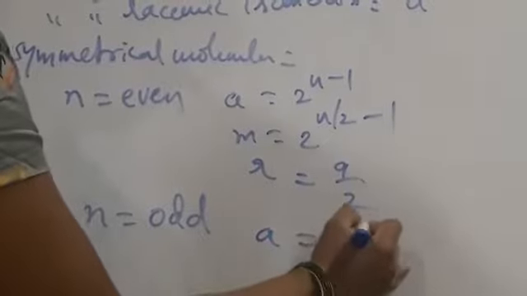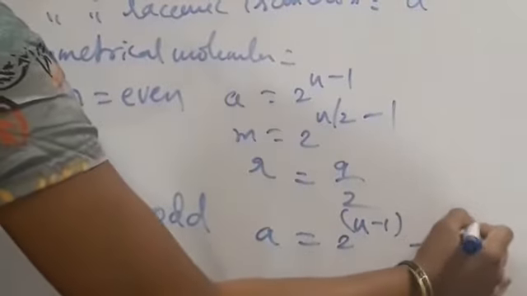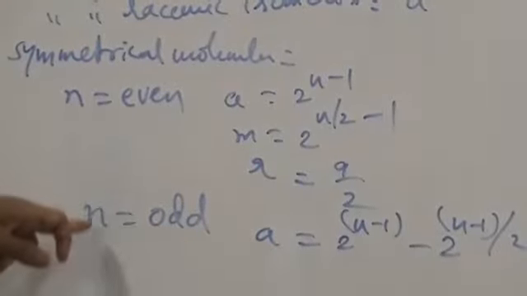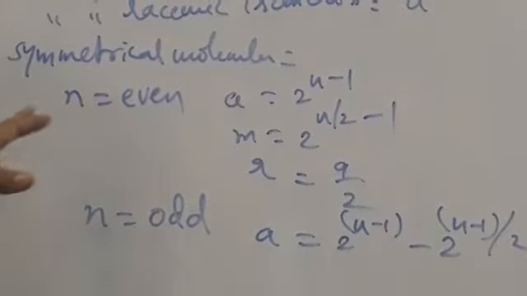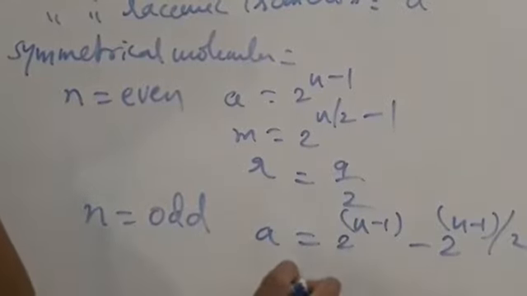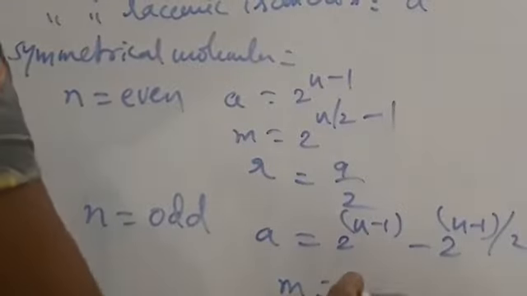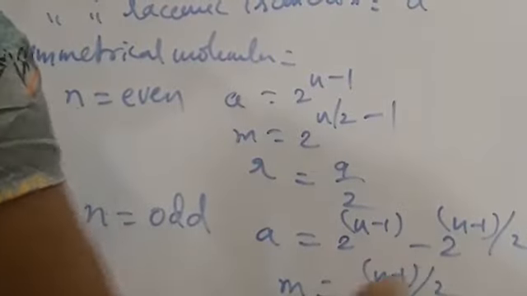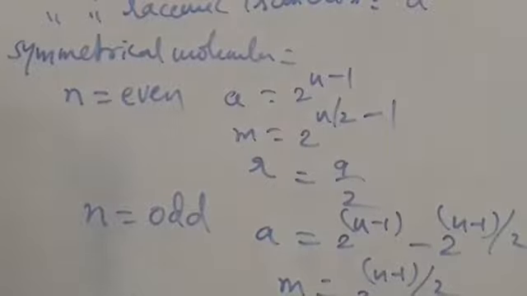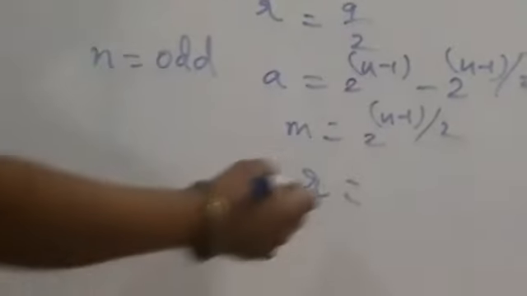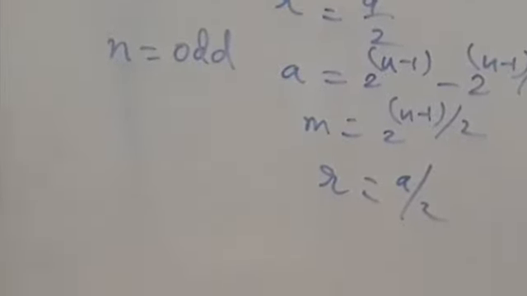This is for n odd. The number of meso isomers for this is 2 to the power (n minus 1) by 2. And R is A by 2.